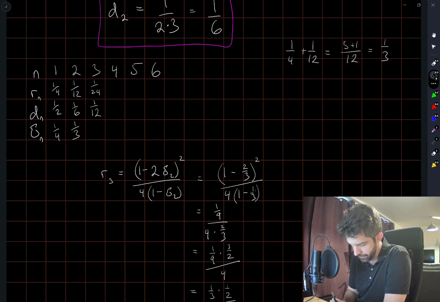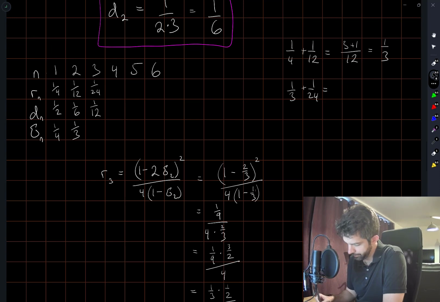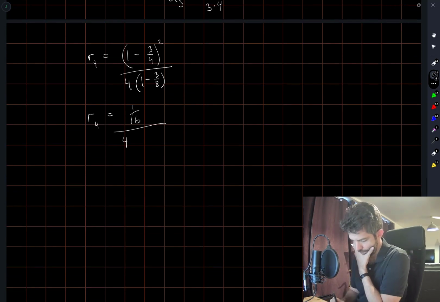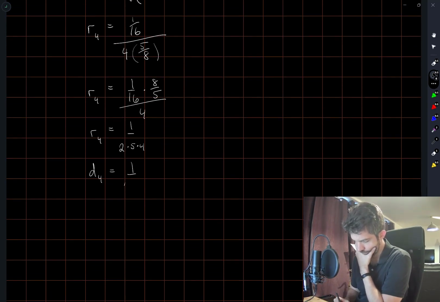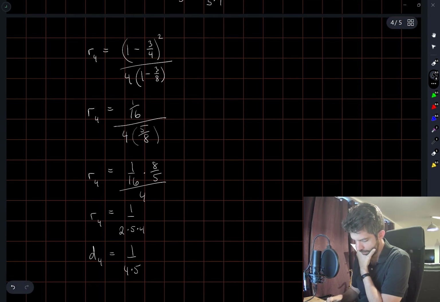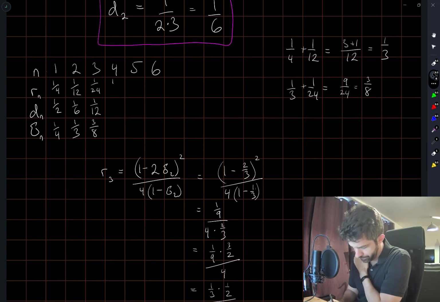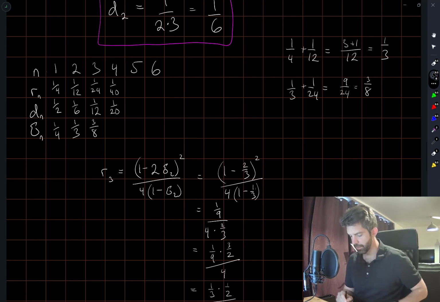D3 is 1 over 12. And okay, what is sigma 3? It's going to be 1 over 3 plus 1 over 24. Okay, so what is this number on the bottom? 40. R4 is 1 over 40. Okay, I'm not going to compute sigma 4 yet.